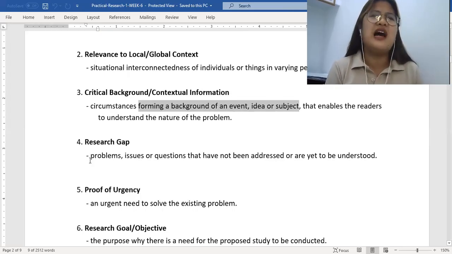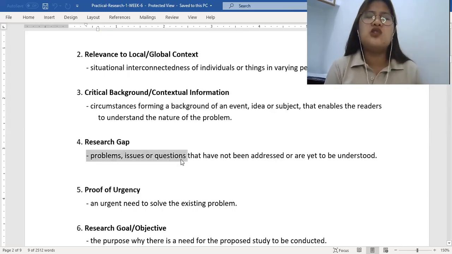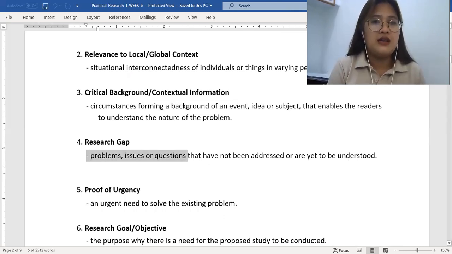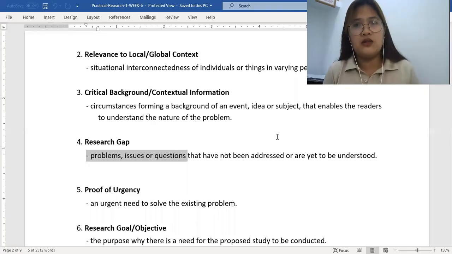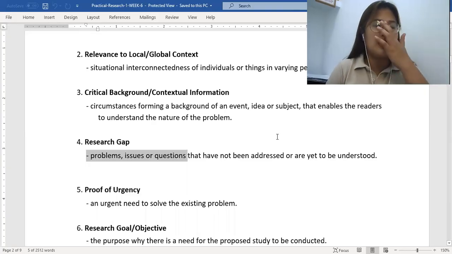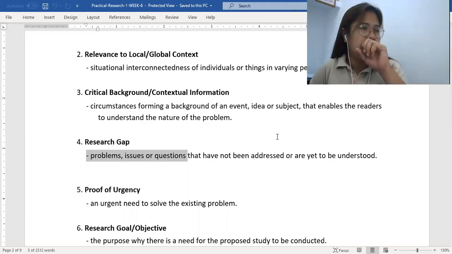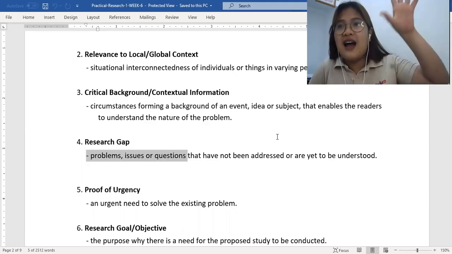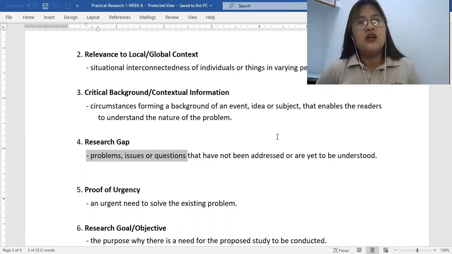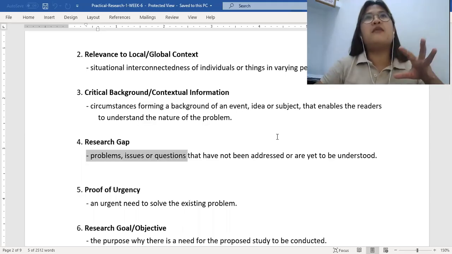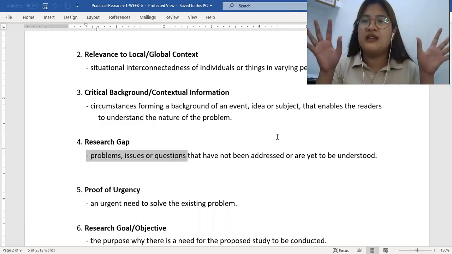And then the research gap. So the research gap refers to the problems, issues, or questions that have not been addressed yet or understood yet, okay? Do you understand? So for the research gap, I could compare this one to a spider web. Yung spider, yung gagamba. Agi in Kapampangan. So, the spider web, hindi naman lahat ng space nakuha niya, di ba?